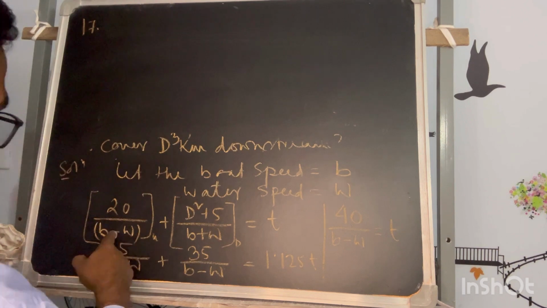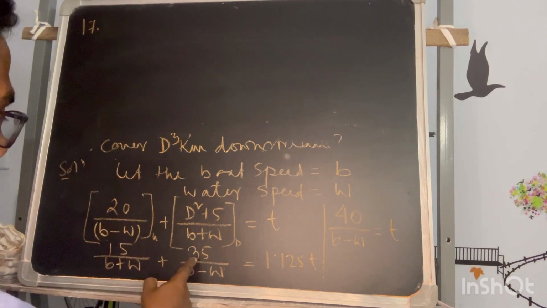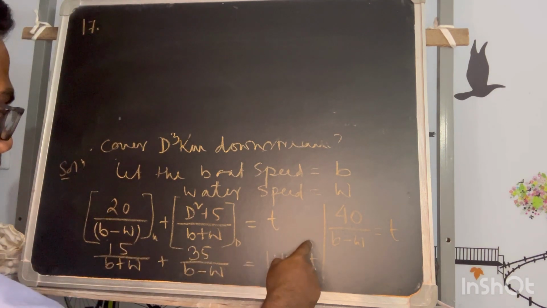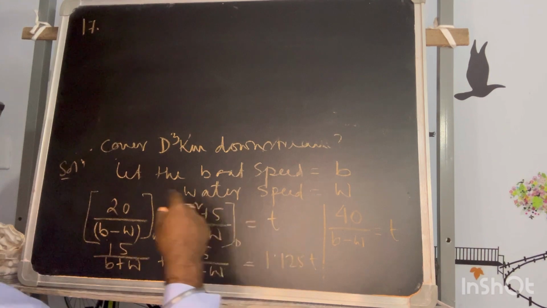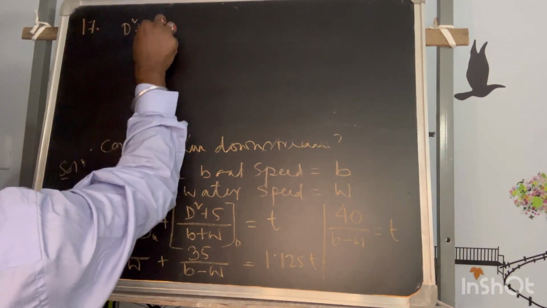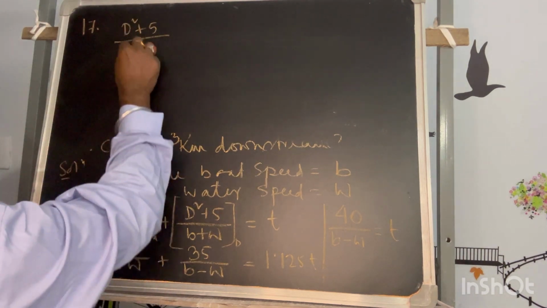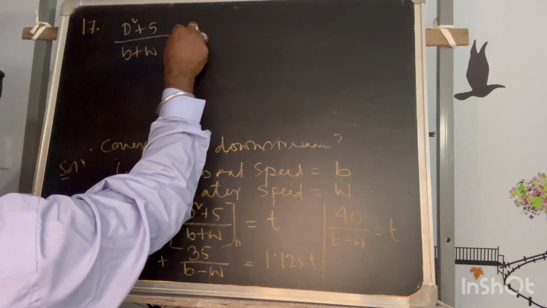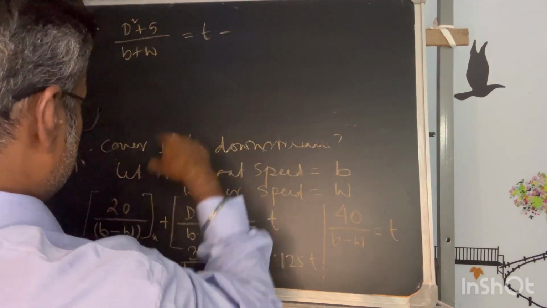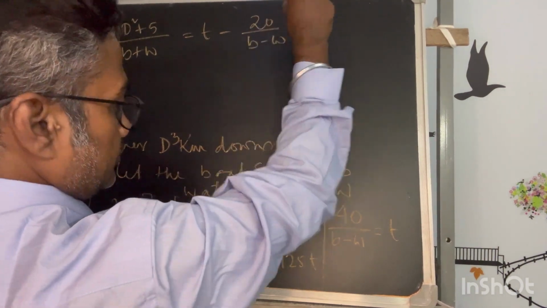Okay, fine. So out of this, t can be written here itself. So d squared plus 5 by b plus w can be given as t minus 20 by b minus w.